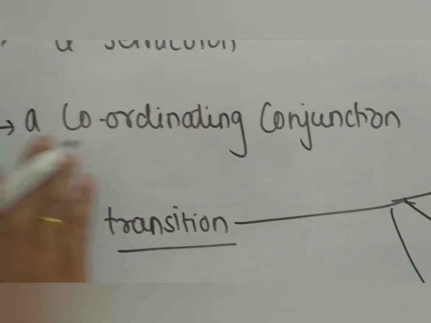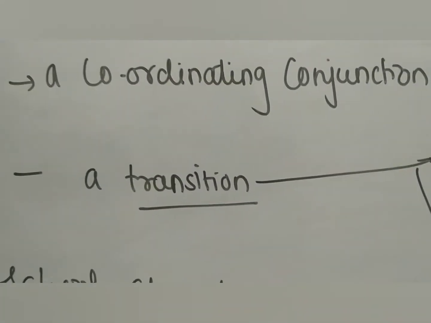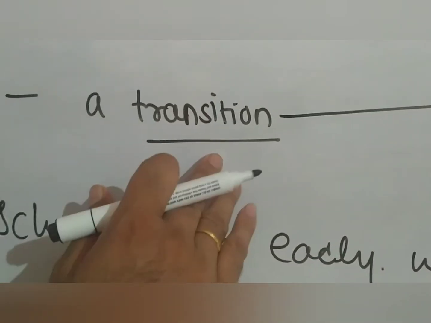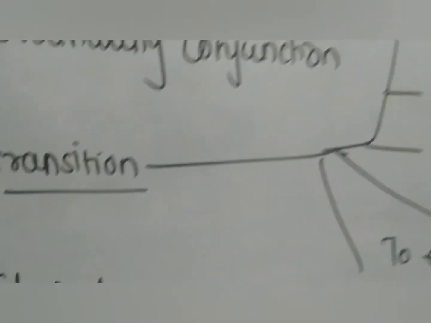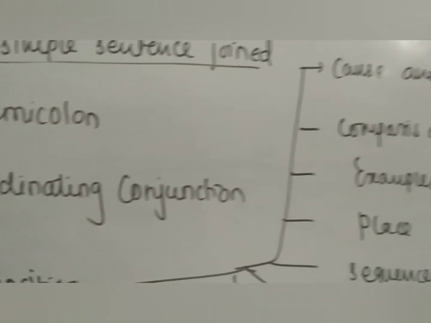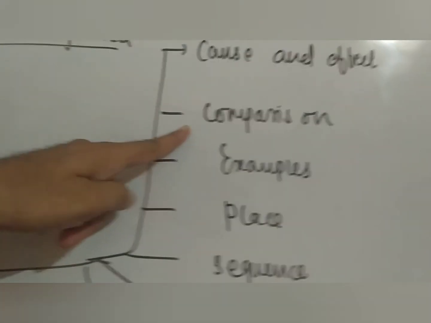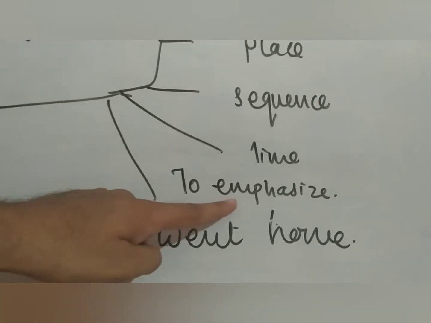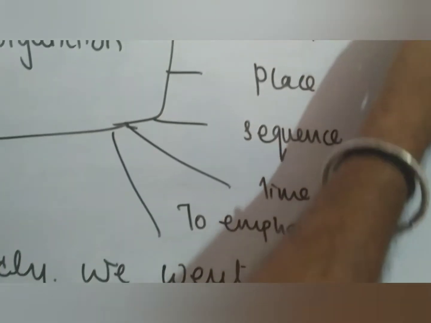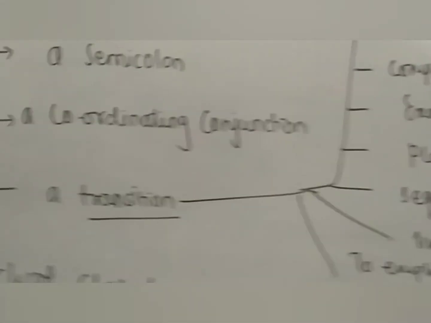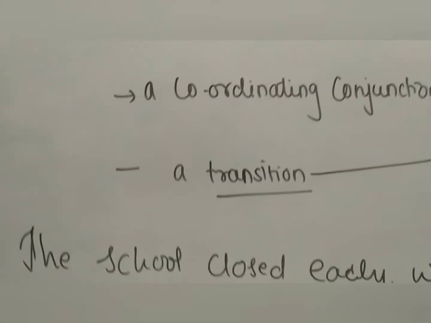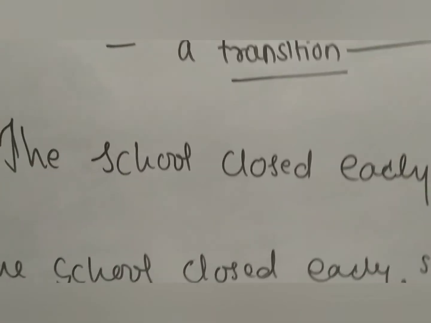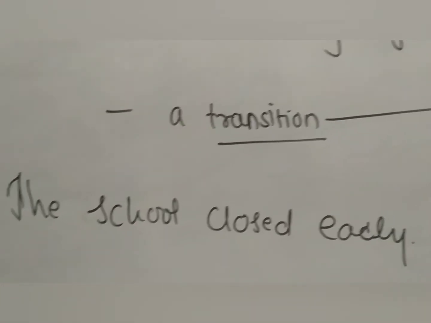Second, a coordinating conjunction, and it may use transitions. Transitions sometimes give cause and effect, comparison, example, place, sequence, time, or emphasis. So these types of transitions we use in the sentence.